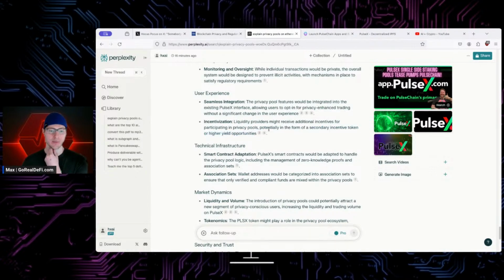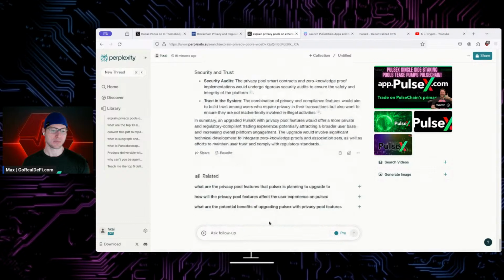Would you get INK for providing LP for privacy pools? Is that a new farm that has been added, but it's a privacy farm? We're gonna have privacy farms. Let's see.